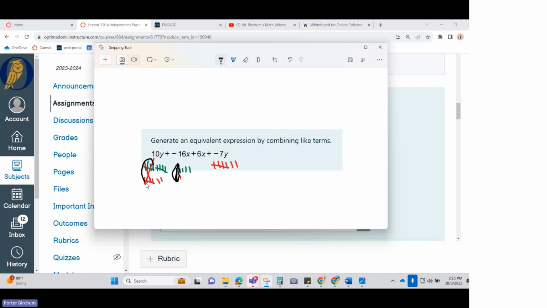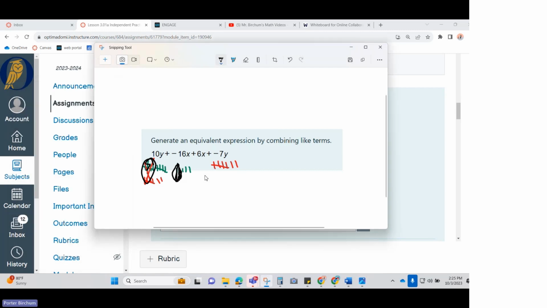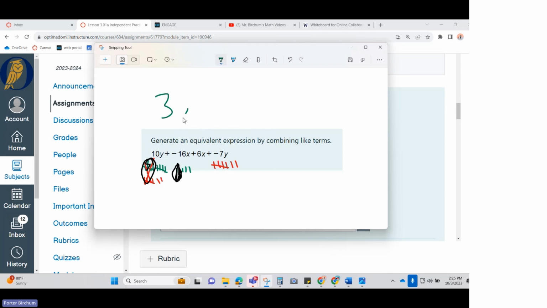These canceled out. And then these cancel out, and I'm left with 3 positives. I could also type in my calculator, 10 positives plus 7 negatives, left with 3 positives. So I'm going to have 3 positive y's.